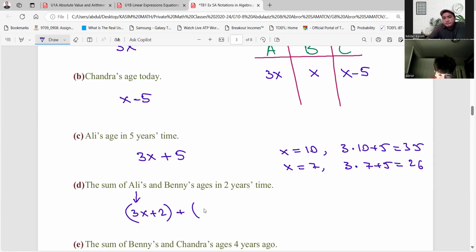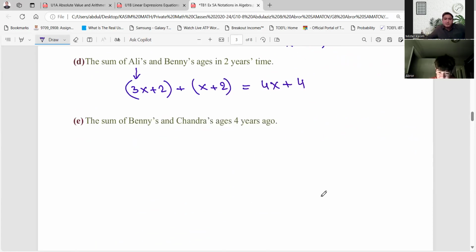X plus 2. Yes, plus 2. And now we need to simplify this. Can you simplify this? 3x plus x is 4x. 2 plus 2 is 4. Yes. You see, now step by step, I think you get better intuition.